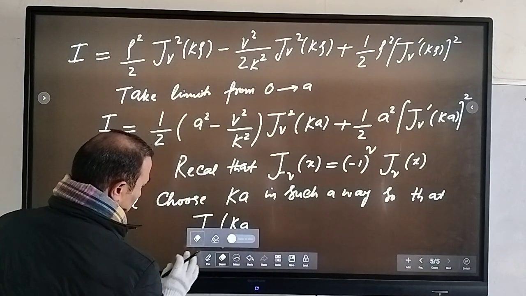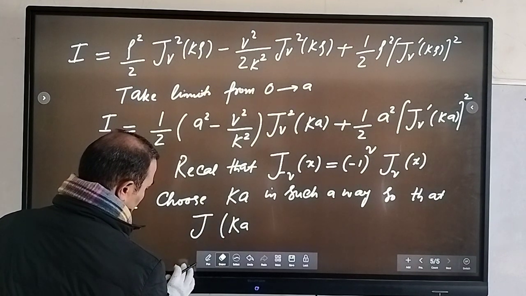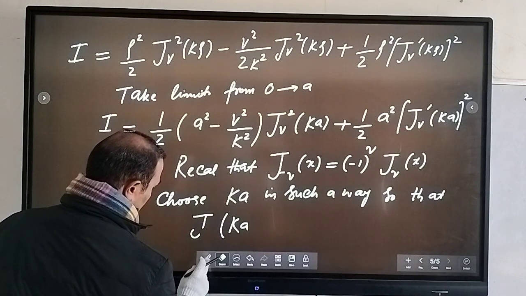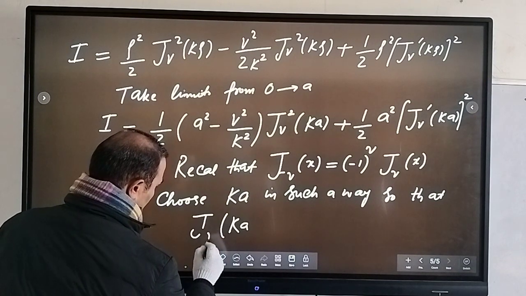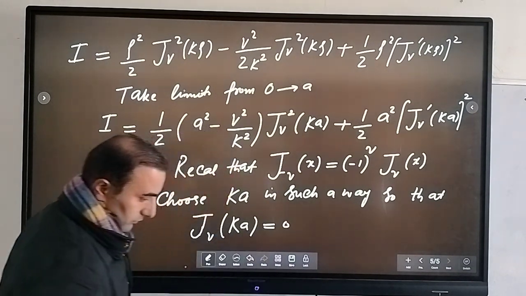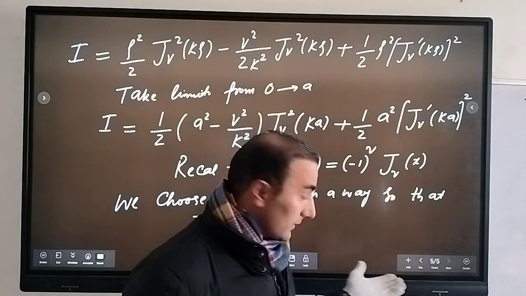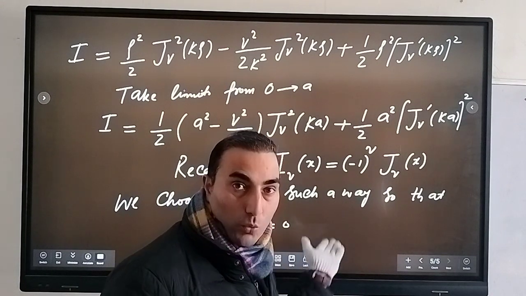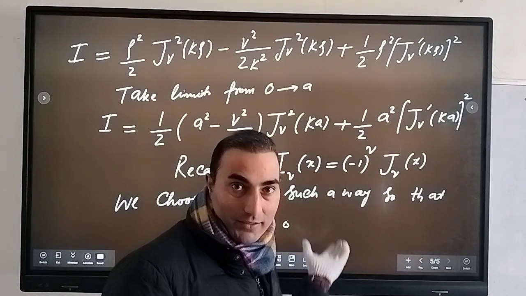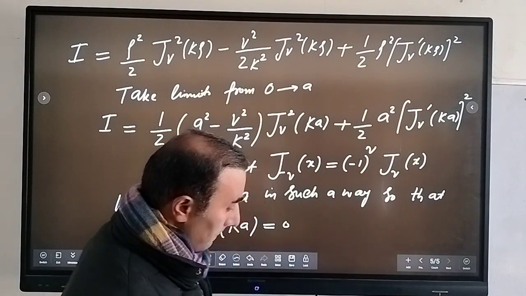Better is to write it in terms of this, because k is simply the root of this Bessel differential equation. It already satisfies this Bessel differential equation, this Bessel function.